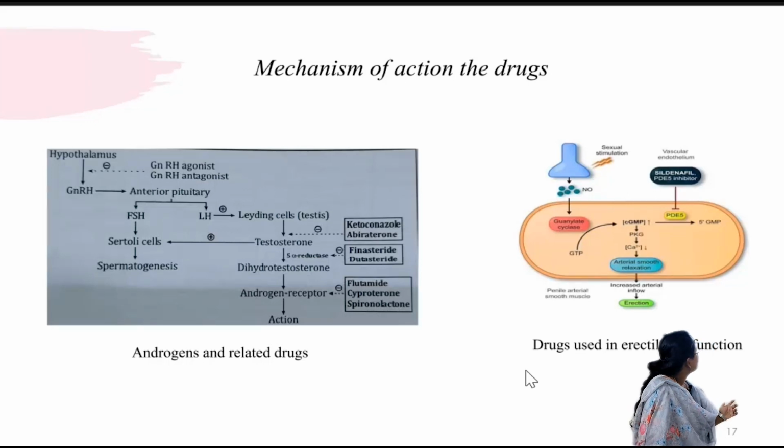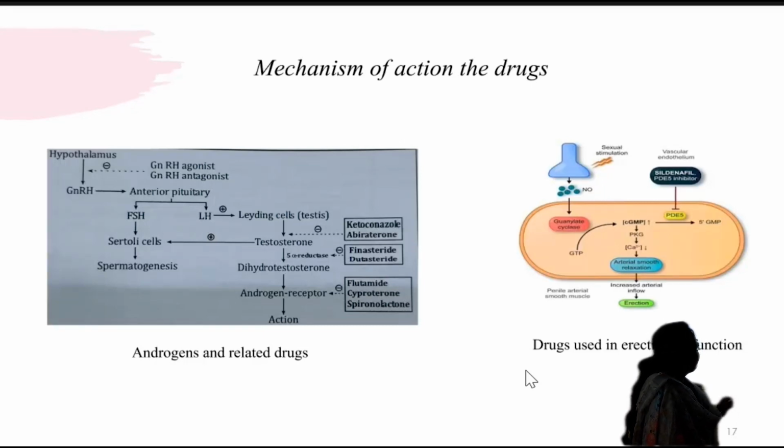Similarly, ketoconazole and abiraterone act on Leydig cells by inhibiting the formation of testosterone, and 5-alpha reductase inhibitors inhibit the formation of dihydrotestosterone, which do not act on androgen receptors.